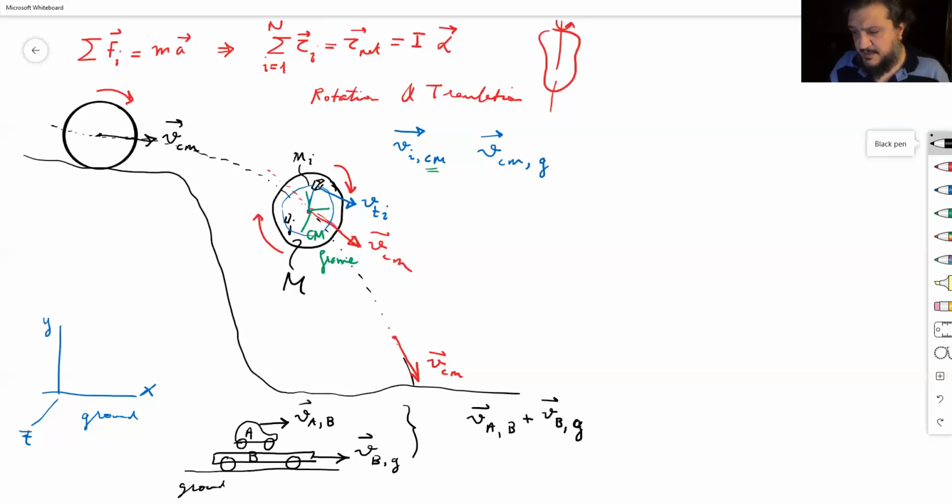So if you line them up like this, you look at that index B. You have B here and B there. You're going to get rid of those B and write this as VAG, the velocity of the car A with respect to the ground.